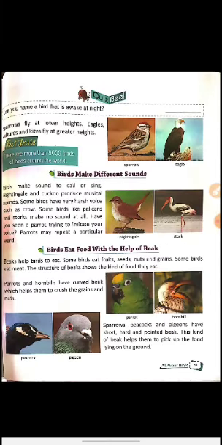Sparrows, peacocks and pigeons have short and pointed beaks. See here. This kind of beak helps them to pick up food lying on the ground. Birds that eat small birds and animals have a hooked beak to tear flesh, like the eagle, owl, vulture and hawk.